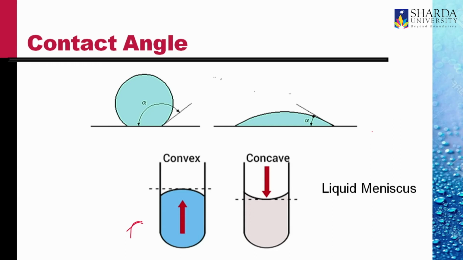Water in a glass tube forms a concave meniscus. Mercury in a glass tube forms a convex meniscus. The meniscus of mercury in a glass would be much more pronounced than that, and the contact angle would be 180 degrees there. And if it is water, then the contact angle here would be 0 degree. So the meniscus would be much sharper.